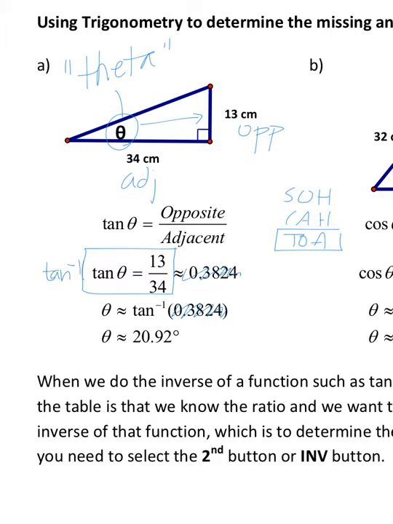And so you'll notice that if I do the arctangent to tangent, I'm left with theta. And then on the right-hand side, I would also take the arctangent of, let's keep it as exact as possible, 13 over 34. Using what you saw on Friday, go ahead and enter this into your calculator. And that's how we get theta equals 20.92 degrees. Be sure to label it with degrees, please.